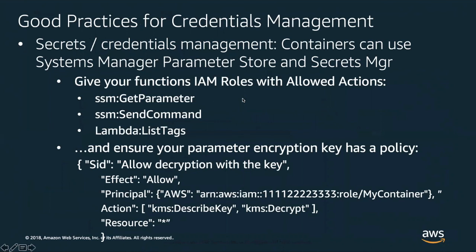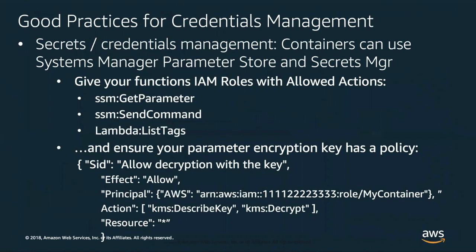So to use Parameter Store as an example here, if you give your container, whoops, that should actually be ECS there rather than Lambda. Typo on my part, I can fix that afterwards.